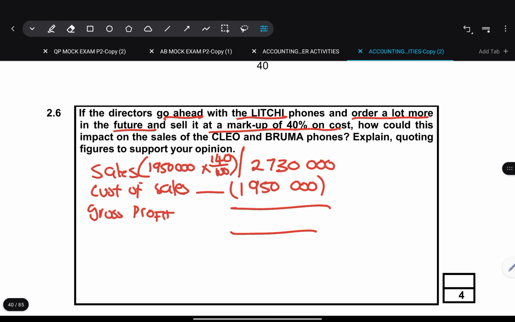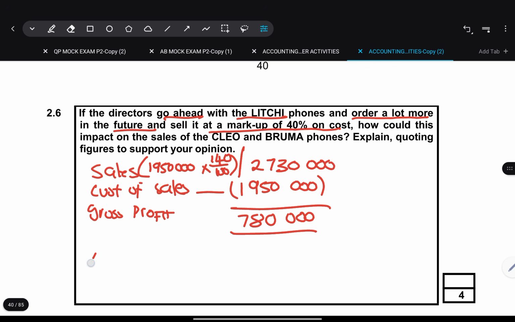It means the gross profit will be 2,730,000 minus 1,950,000, and it gives us 780,000. So if you check, they are going to make a gross profit of 780,000 only.